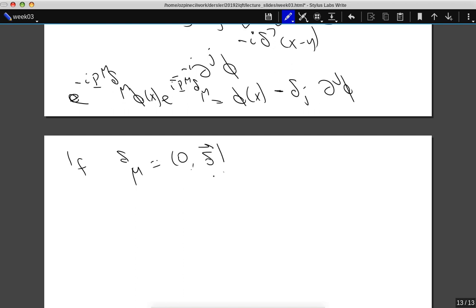I'm just considering space translations. For the case of time, the derivation will be similar, but somewhat more complicated. But this is nothing but phi of x minus del, up to terms that are proportional to del squared. So you see, knowing this conserved quantity, now we can identify the symmetry.